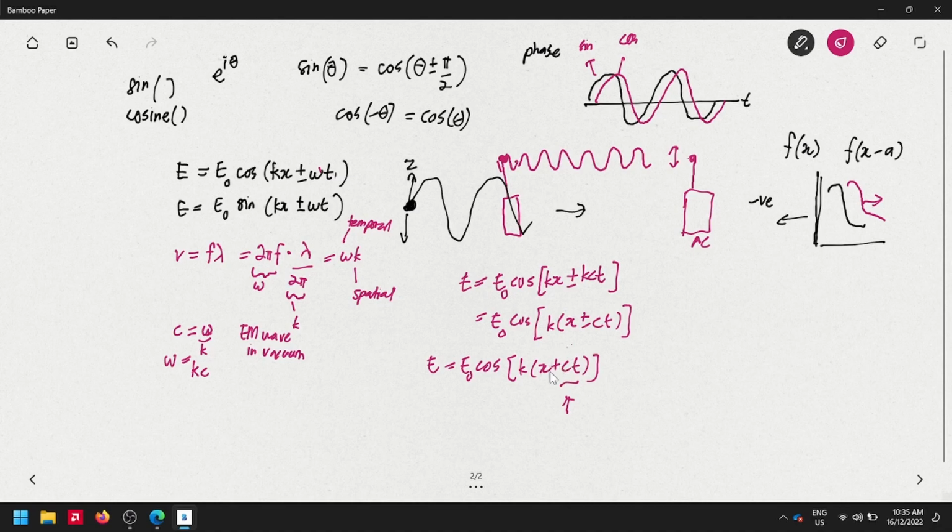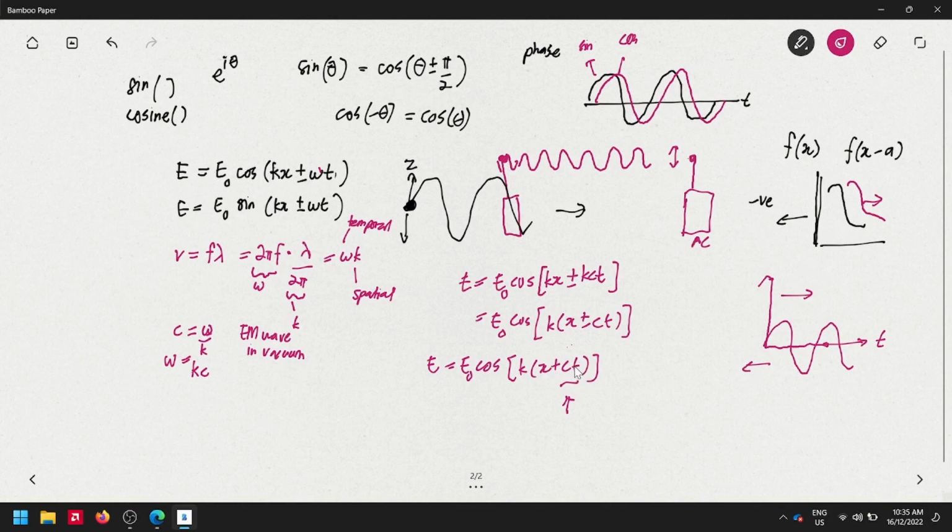But if I use the positive sign, meaning to say I am bringing my axis, let's say this is my wave, okay? This is my axis, this is my time axis. I am actually bringing my axis towards the positive x direction. So it seems like our wave is moving in the opposite direction.